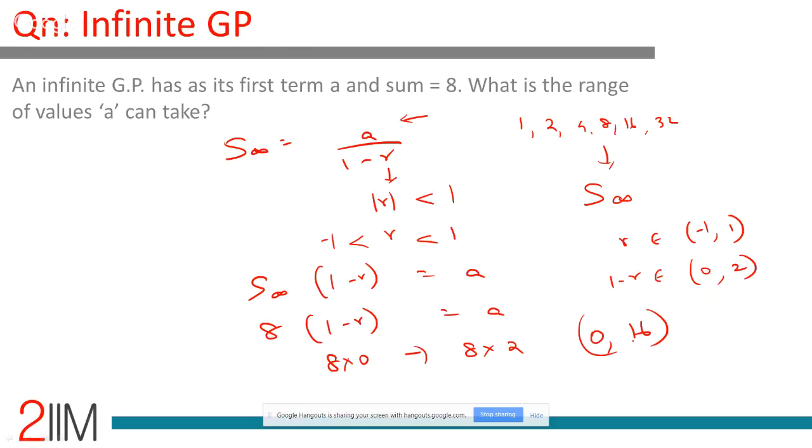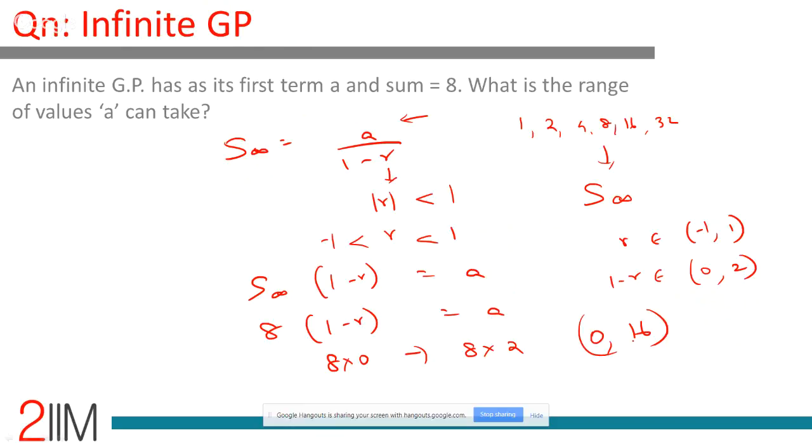It hinges on that first point, that when you plug in this formula A by 1 minus R, R should lie between -1 and +1. R forms a narrow range from -1 to +1. Modulus of R is less than 1. Or you can have the idea of sum of infinite terms of a GP only when magnitude-wise the GP keeps shrinking. Common ratio can be negative, in which case alternate terms will be positive and negative.